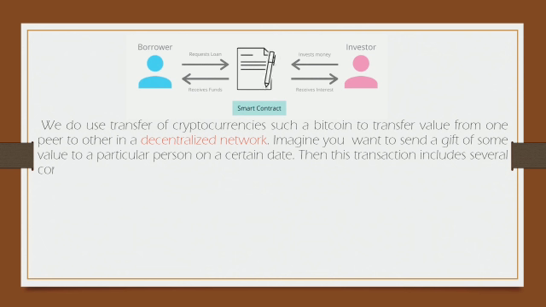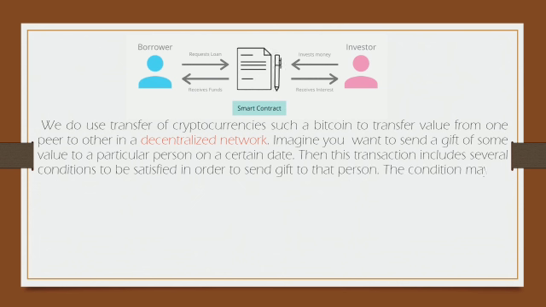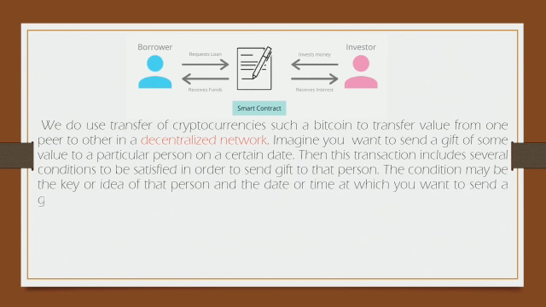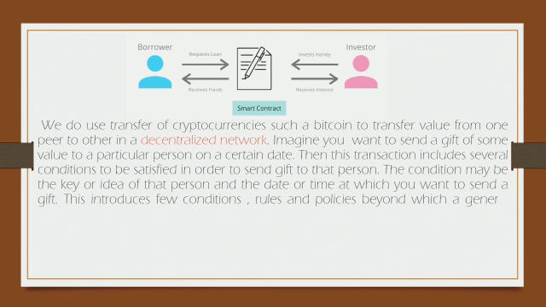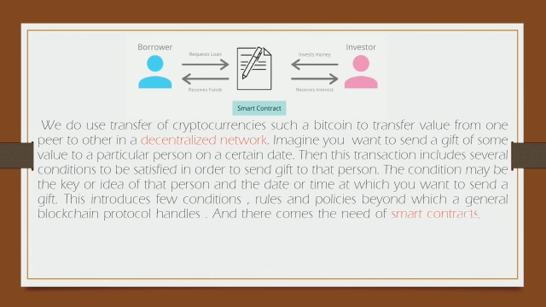This transaction includes several conditions to be satisfied, like the key or ID of that person and the date and time at which you want to send the asset, or gift. This introduces conditions, rules and policies beyond what a general blockchain protocol can handle. And there comes the need for smart contracts.